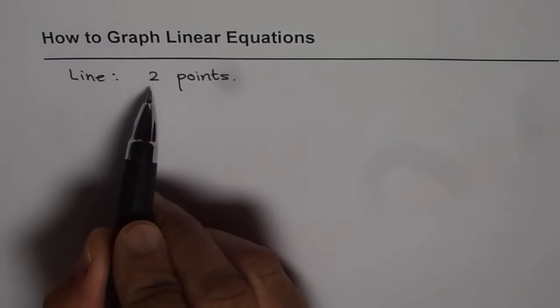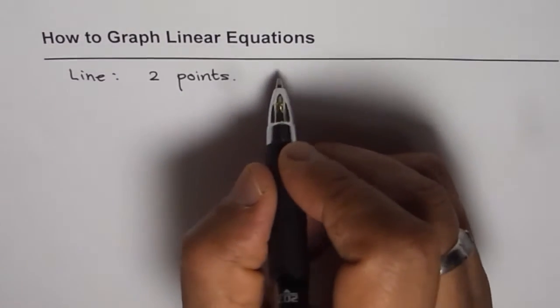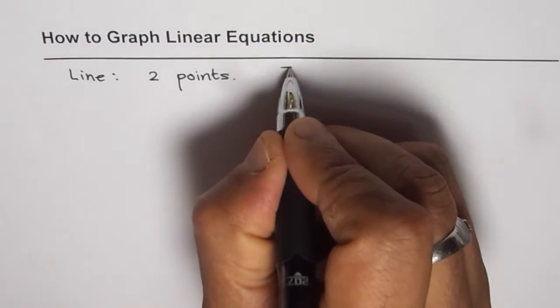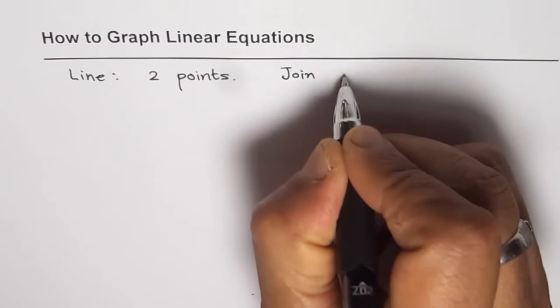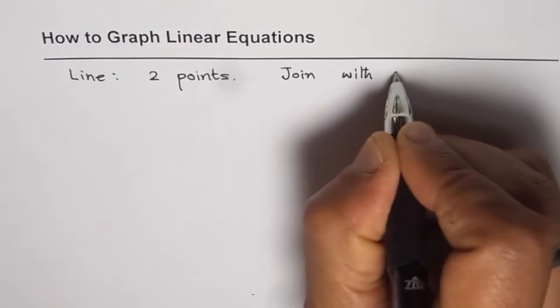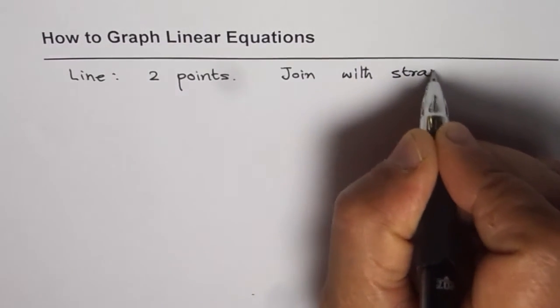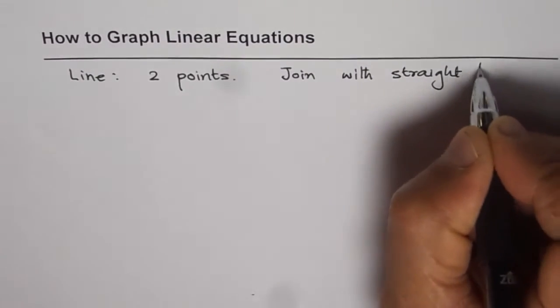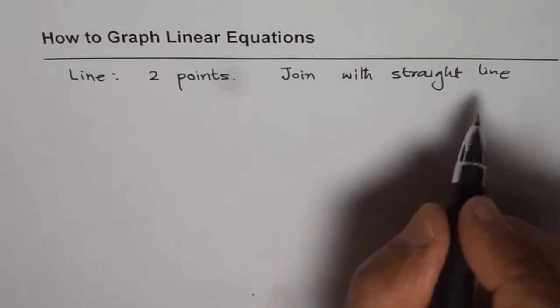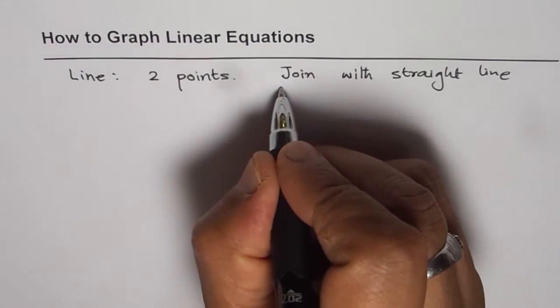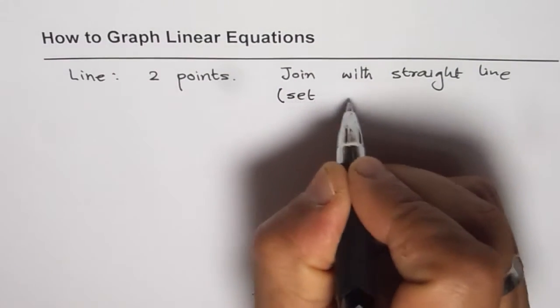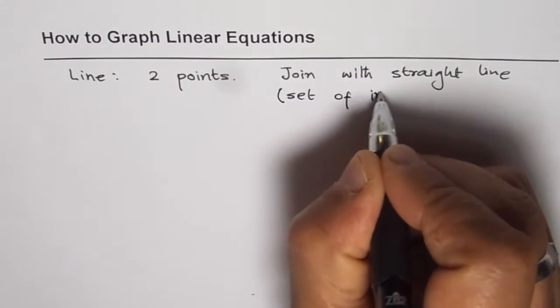So if you join 2 points with a straight line, a straight line means how many points? A set of infinite points.